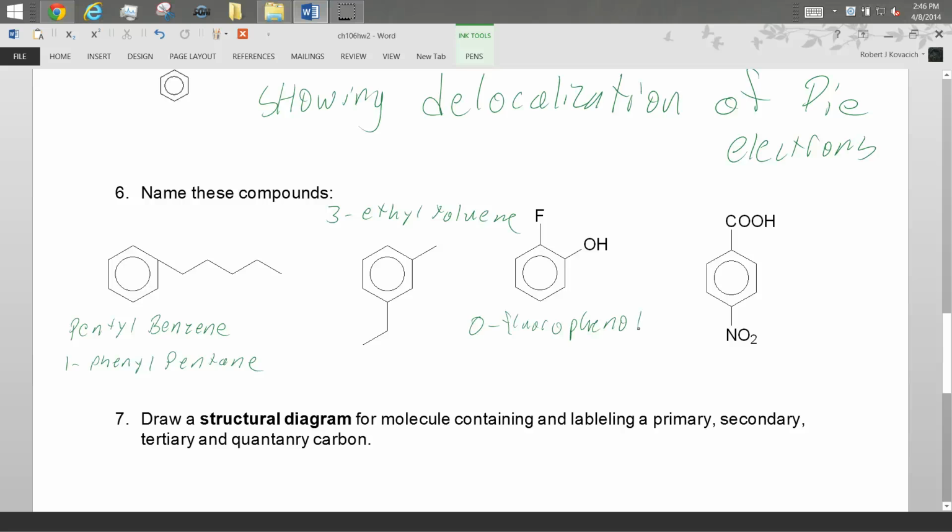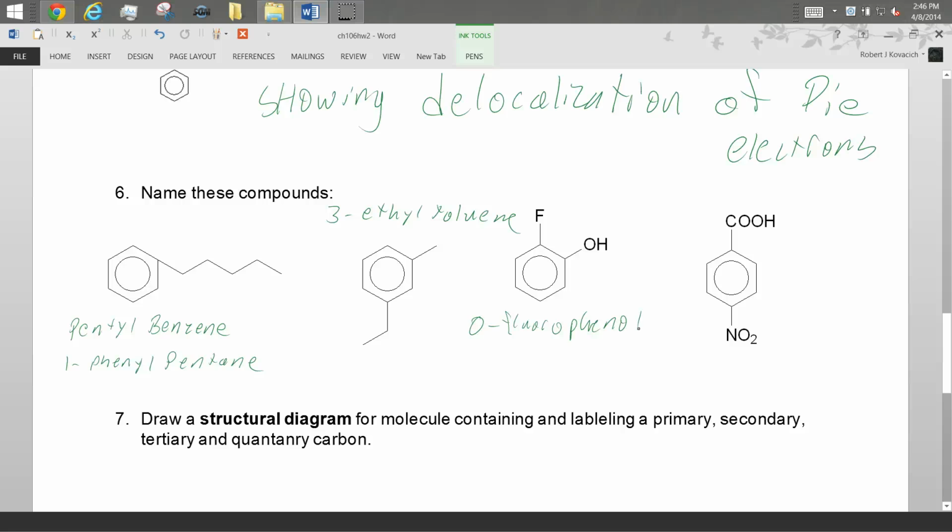And this one would probably be the first one. Isn't it ortho fluoroaniline? No. Can't be, because aniline has an NH2 group on it. So the only common name of this one you could have used is phenol.